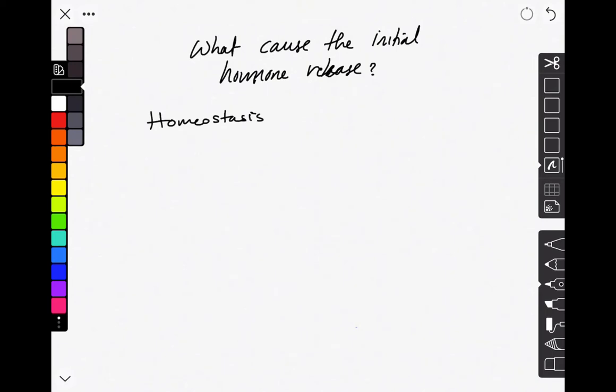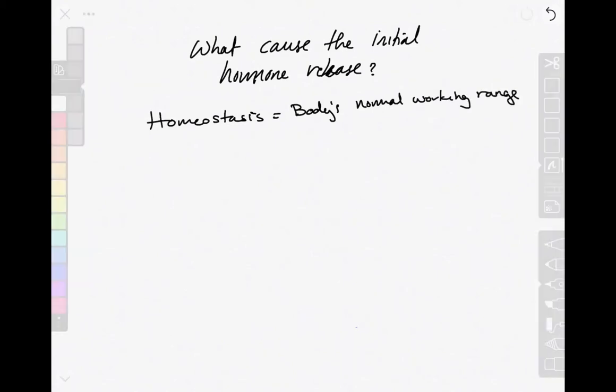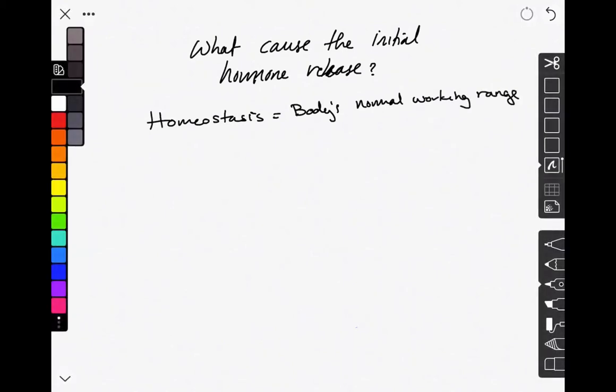Which is your body's normal working range. And this homeostasis is constantly monitored because your body wants to stay within its normal working range.